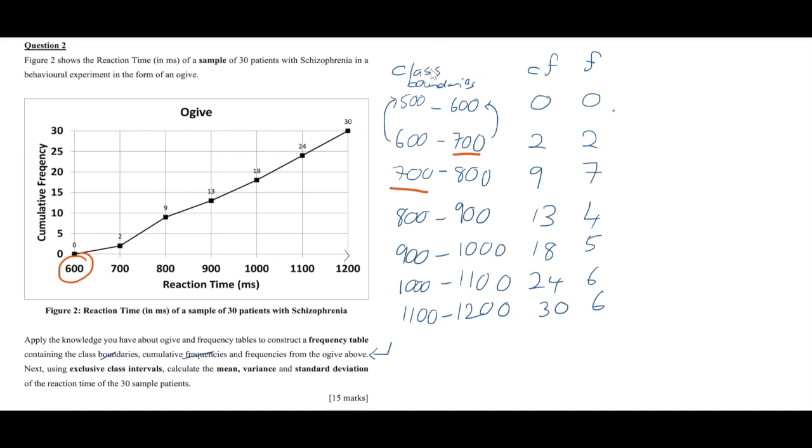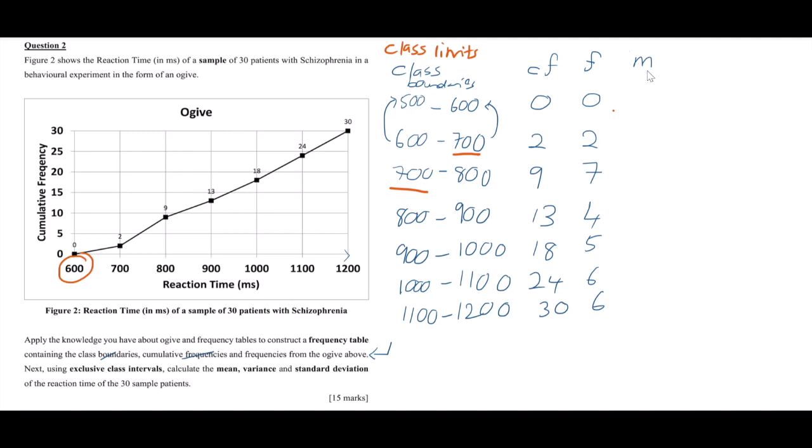So in this case, the class boundaries would be similar to the class limits. And the reason that we would like to determine the class limit is because we would like the midpoint, okay, in order to calculate the mean, variance, and standard deviation.